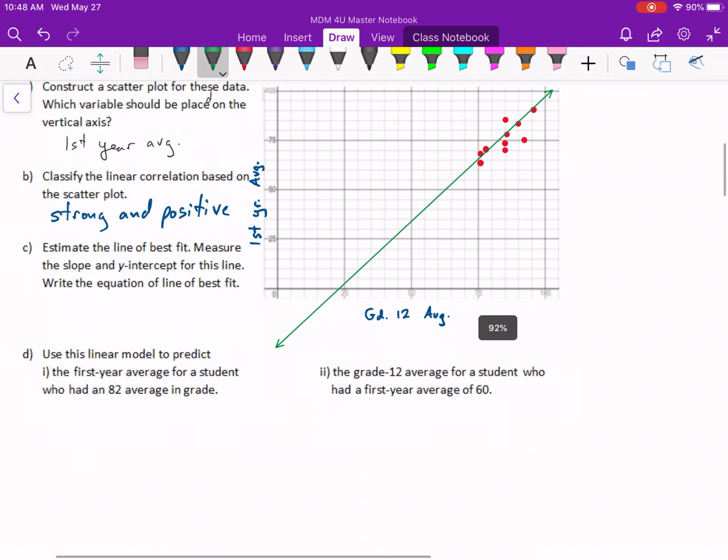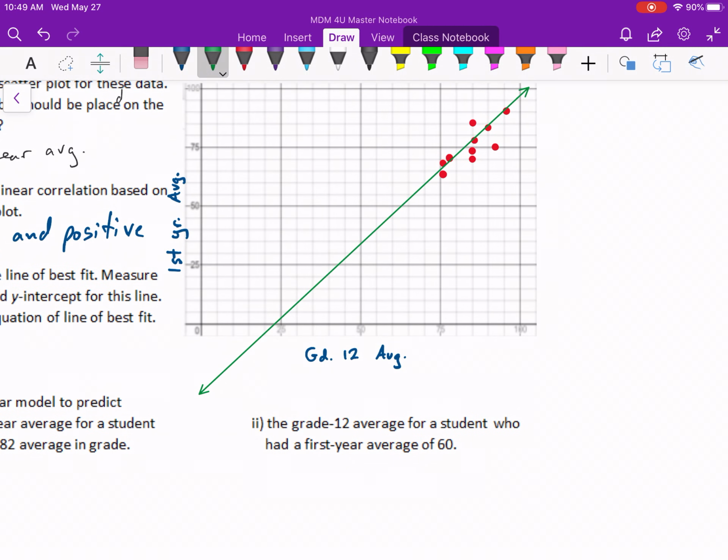So if I want to get the slope, what we do is find a couple of points that we can read on the line. Let's say this point right about here, which looks to be at about 75, 65. And this looks like another point that I can read fairly easily, about 50 and 35. Anyway, we'll go back to our grade 9 idea and draw a little triangle. From 50 to 75 is increasing by 25.